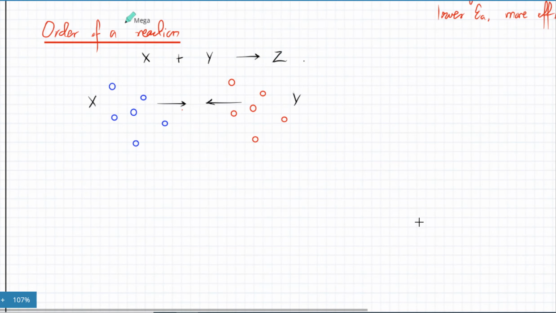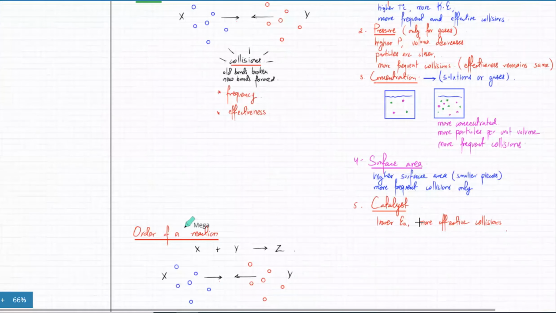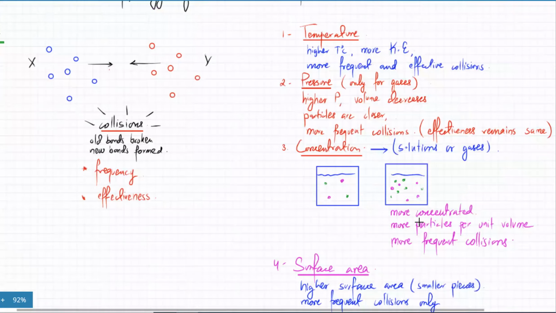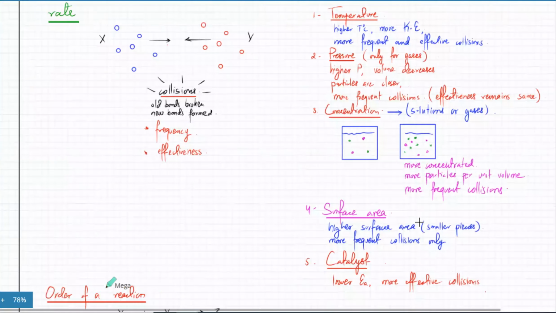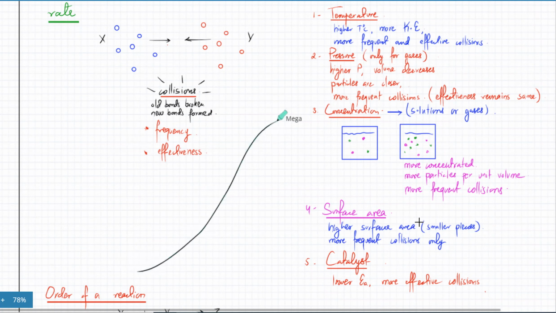Now, let me first tell you that out of all these 5 factors, at the moment we are only going to focus on concentration. When you talk about order of reaction, we are ignoring the effect of all the other factors.